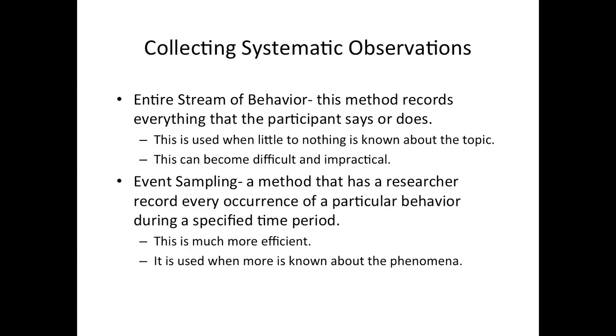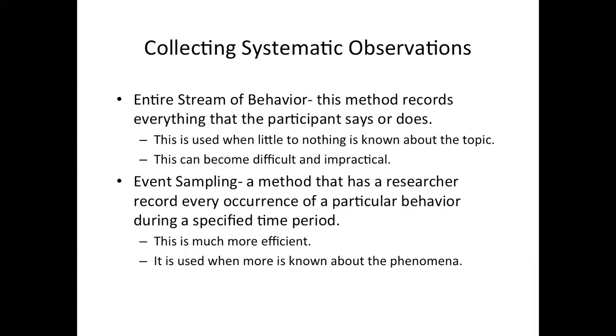So if we can, as much as possible, we want to be more focused, and we might want to engage in what's called event sampling. In event sampling, the researcher comes into the observation with certain interest in mind. I'm only targeting XYZ behavior. And because when you're making this observation, you're only interested in a select number of behaviors, it's a lot easier to score the data.